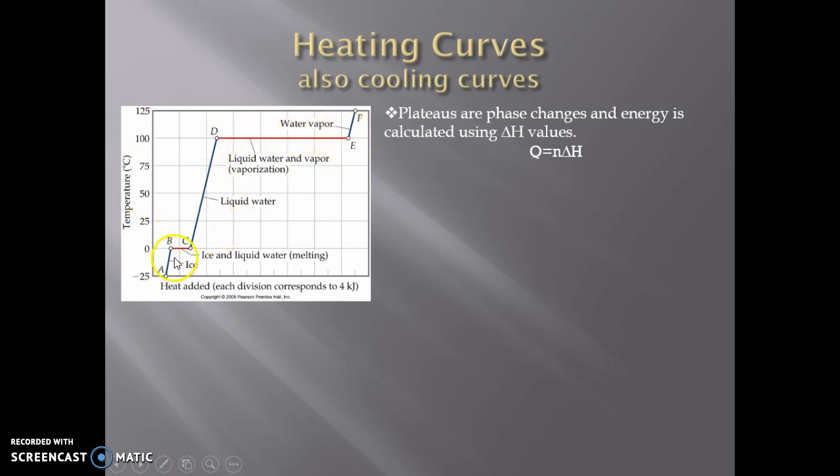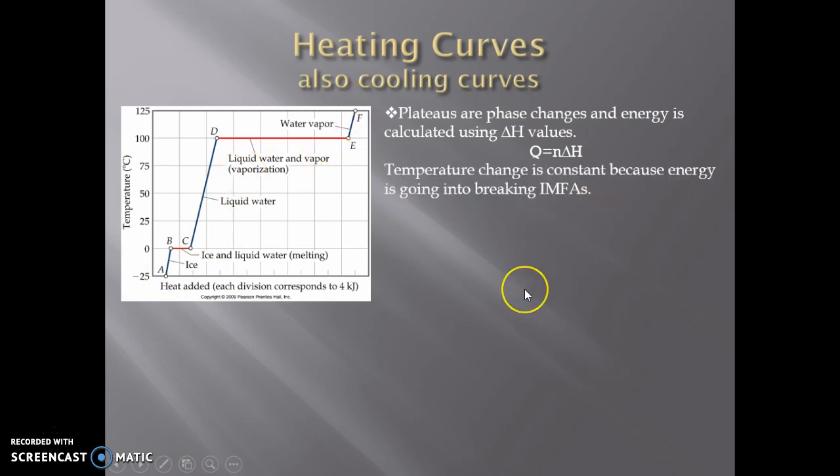Notice that temperature is not increasing or decreasing at these plateaus. So we're not changing kinetic energy, we're changing potential energy. We're rearranging the attractions. We're breaking attractions apart in order to go up this curve. So again, temperature change is constant because energy is going into breaking those intermolecular forces, those attractive forces.